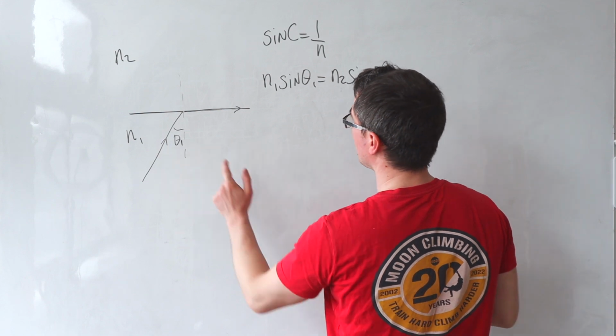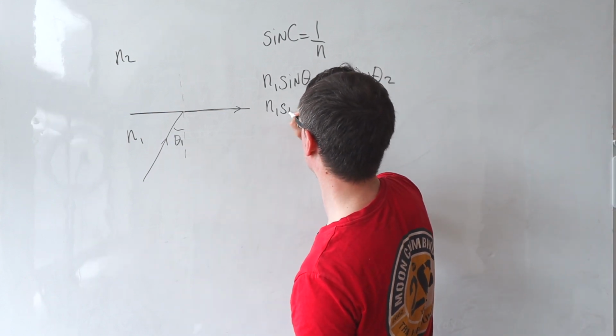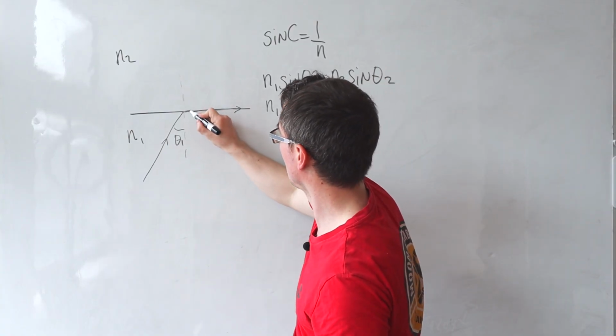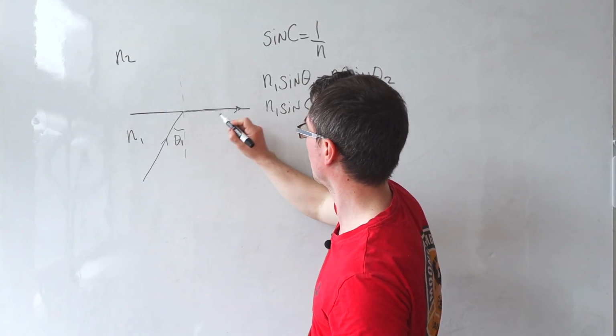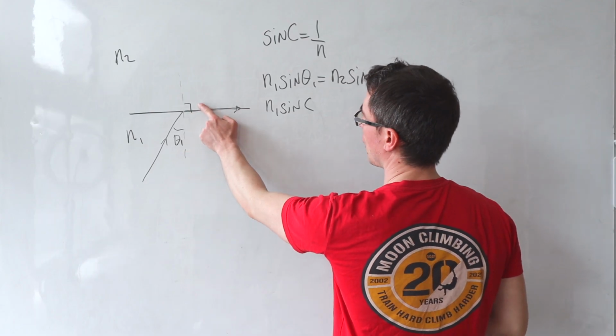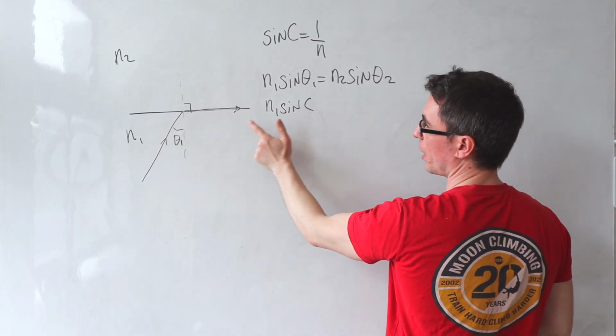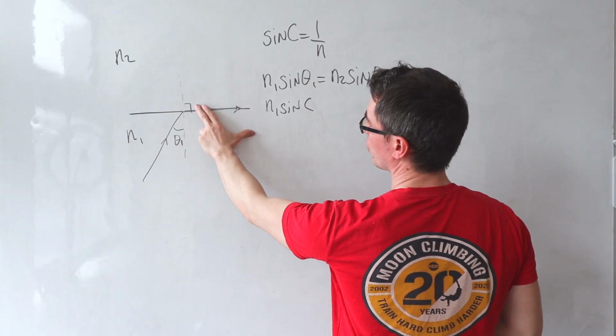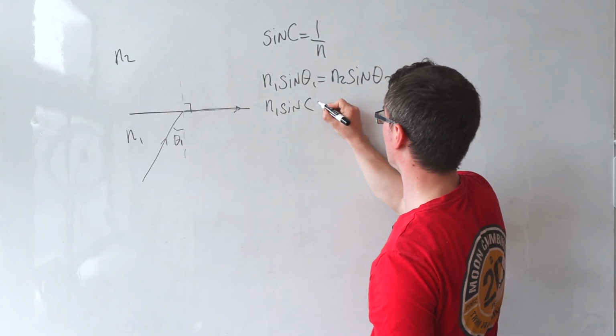When the angle theta 1 is equal to the critical angle, the ray becomes trapped along the boundary, meaning that theta 2 will just be equal to 90 degrees.